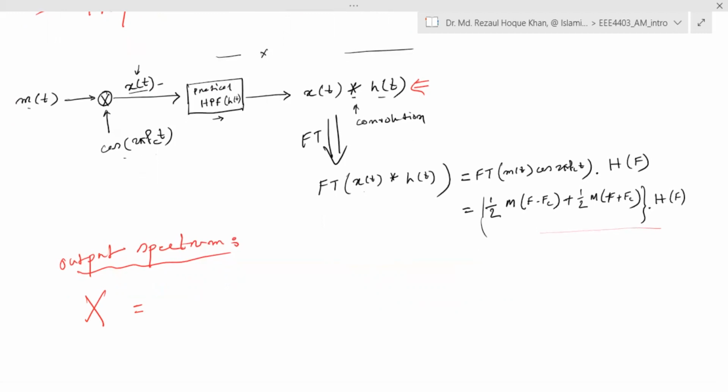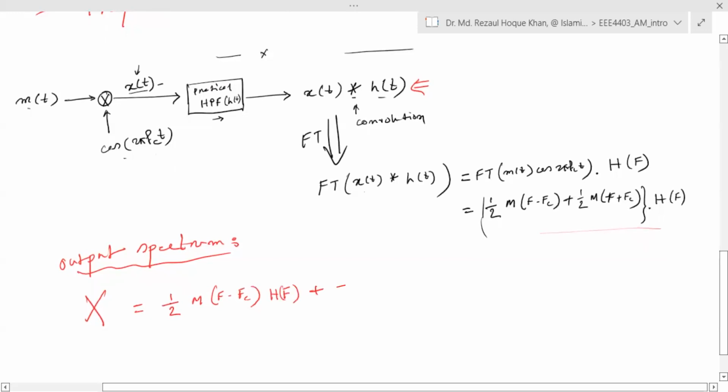That is the output, which is half of M(f minus fc) H(f) plus half of M(f plus fc) H(f).